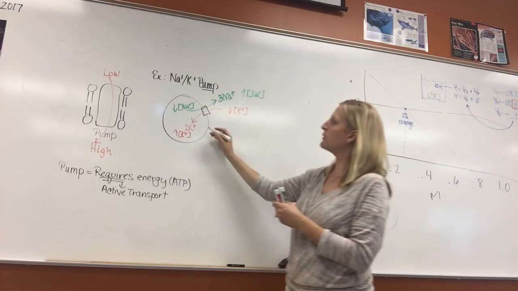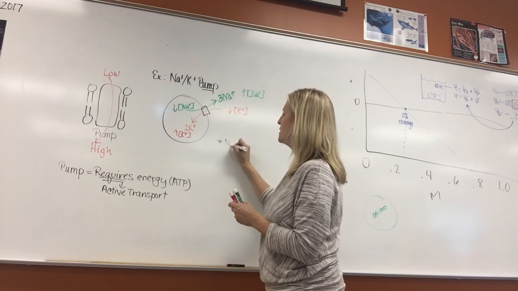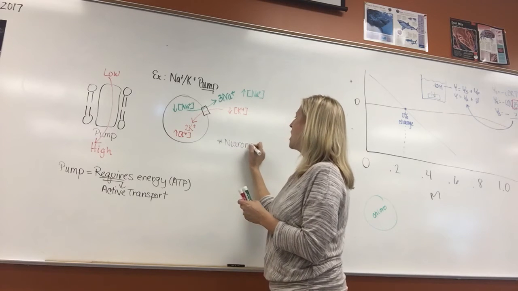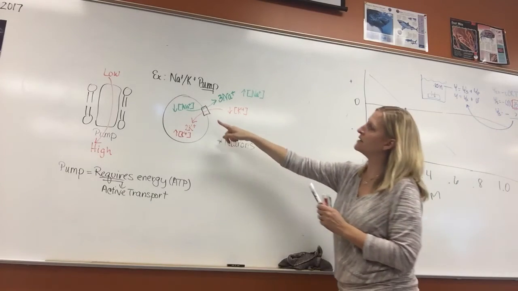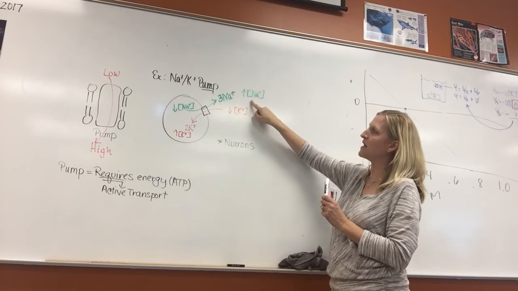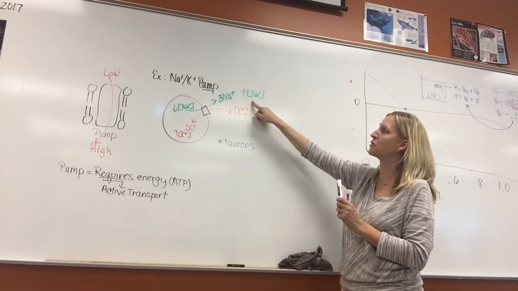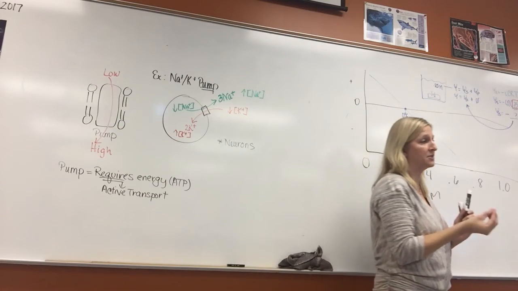So a real life example about why this is important is in neurons. Our neurons are part of our nervous system. They depend always on the outside of the cell having a high sodium concentration, and on the inside of the cell a high potassium concentration.